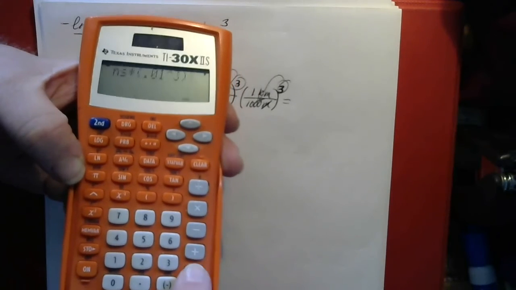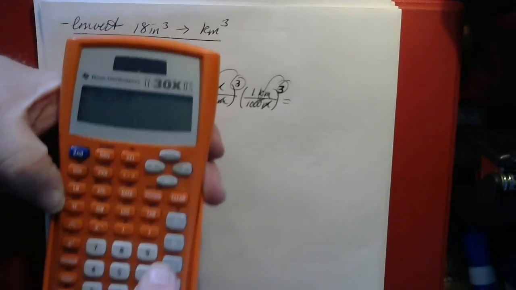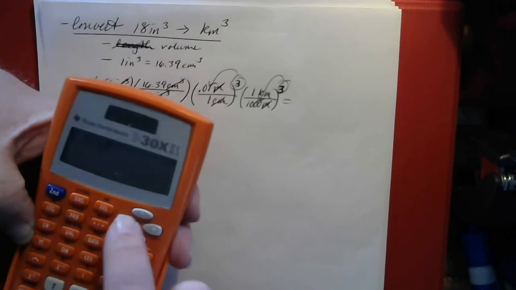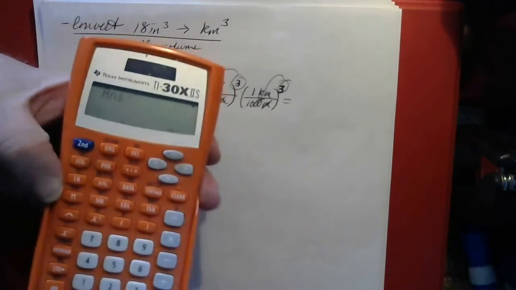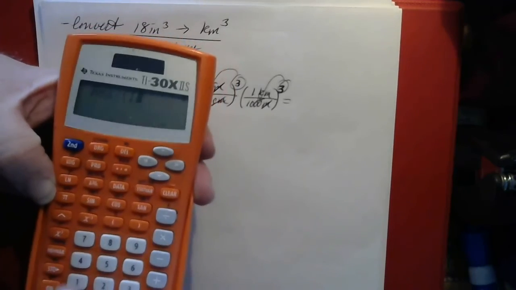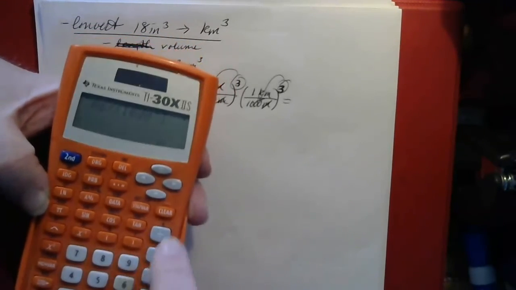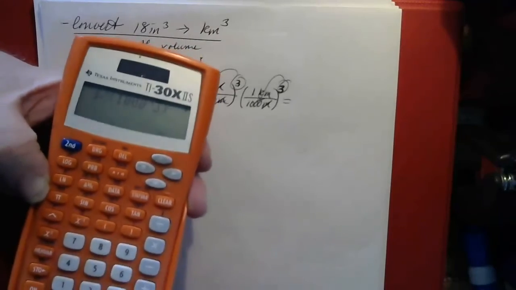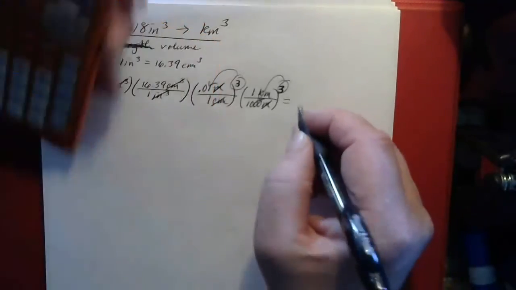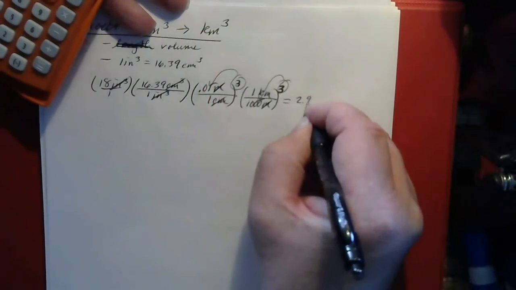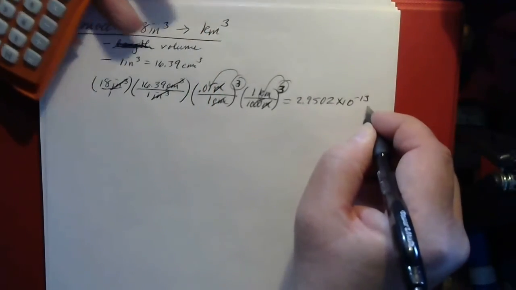And then I hit equal just to avoid any misunderstandings. And then I take that divided by 1,000 to the third power. Okay, and then close the parentheses and hit equals, and we get this number, 2.9502 times 10 to the minus 13.